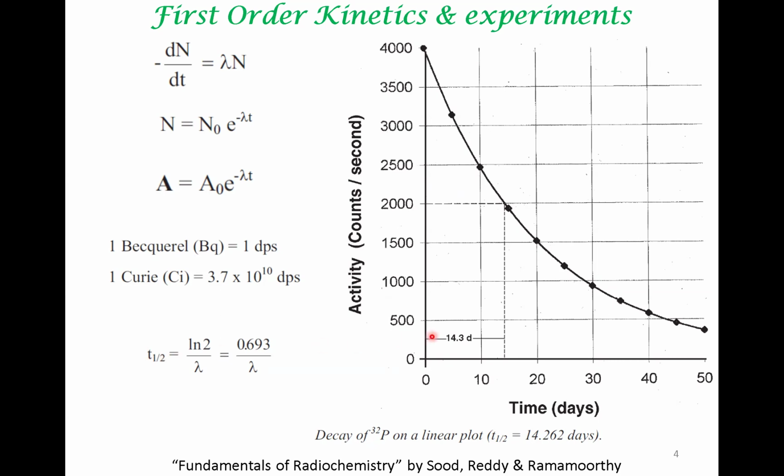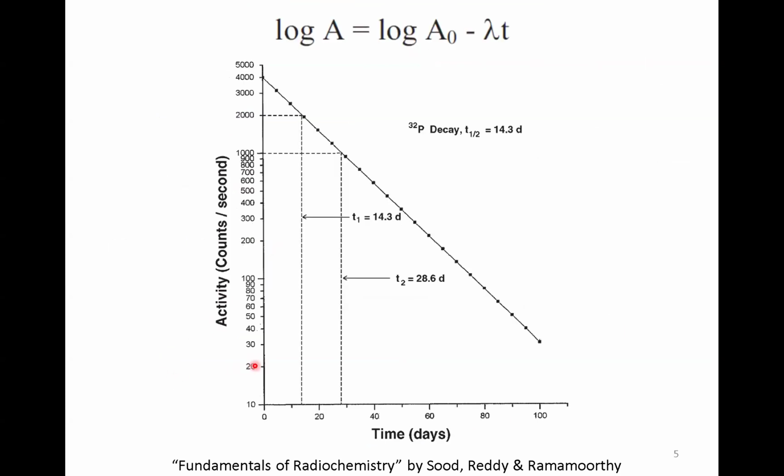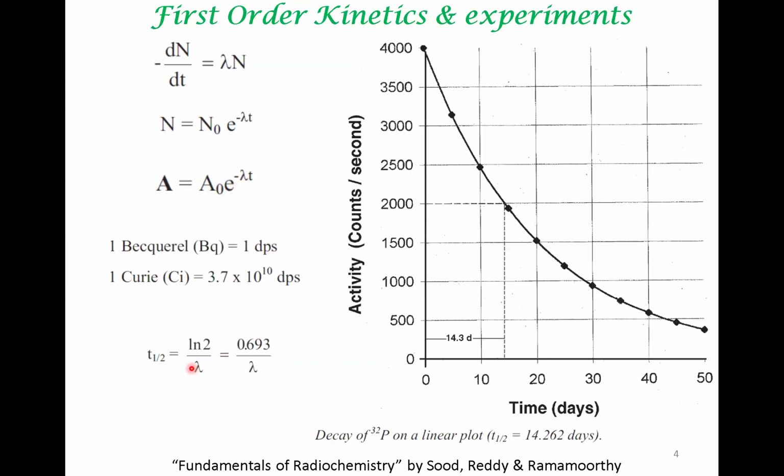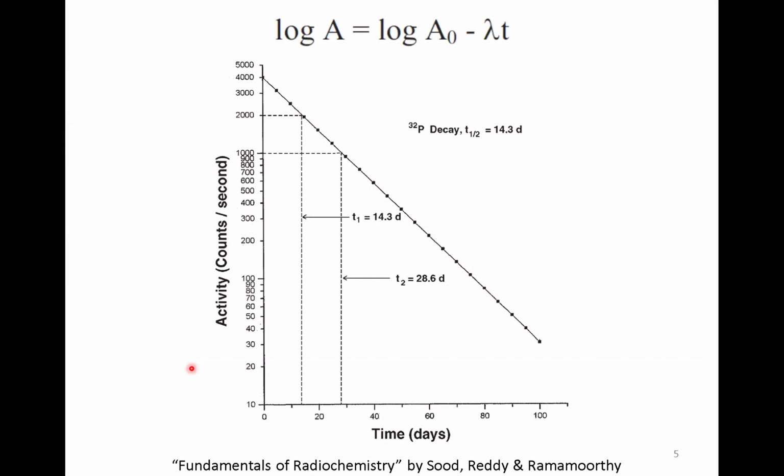In this case, T half is 14.3 days. Typically, to get this kind of behavior, you have to plot in log scale. If you plot the activity in log scale, because of this form of equation, you see a linear behavior.